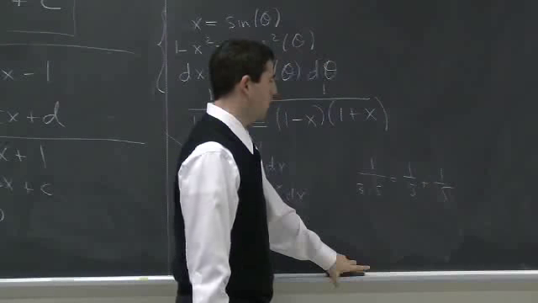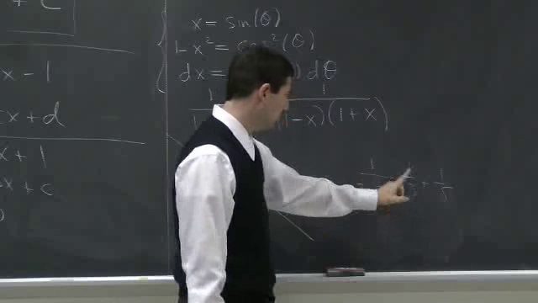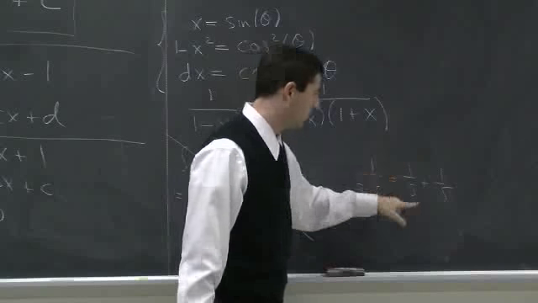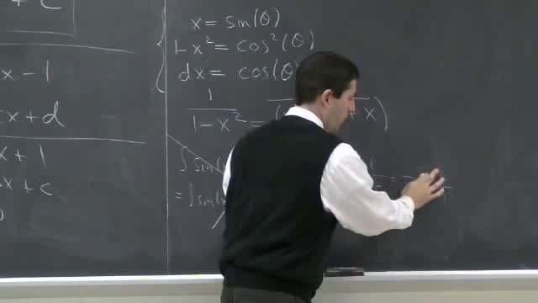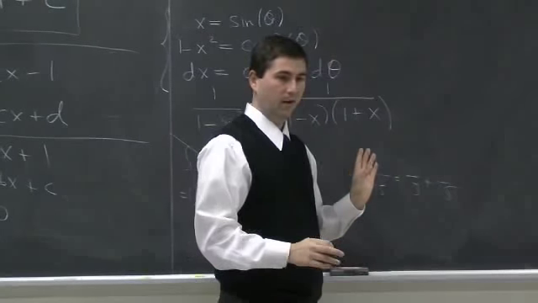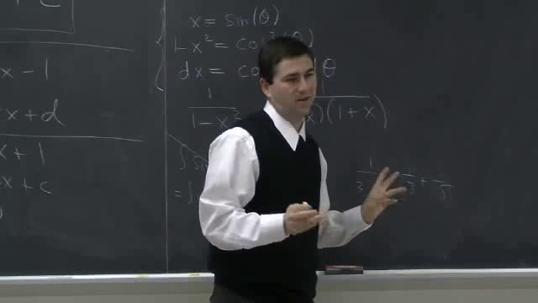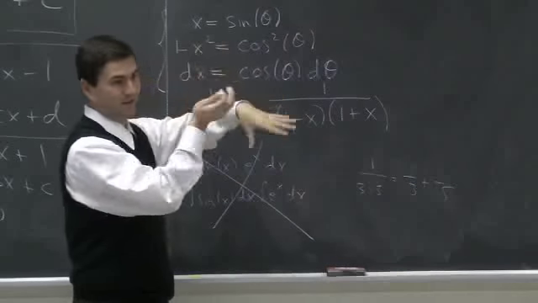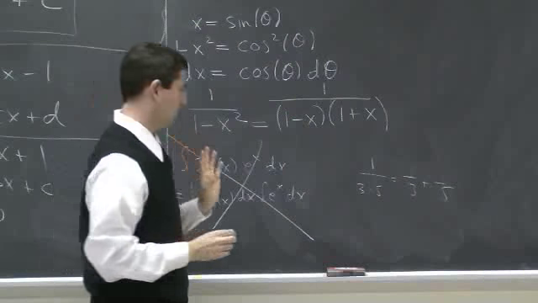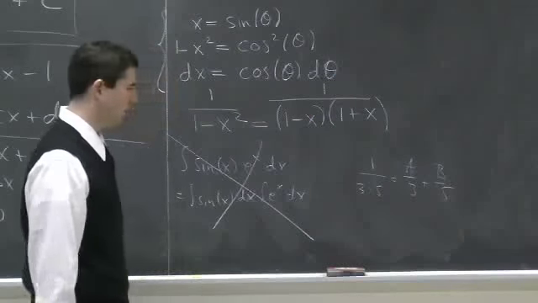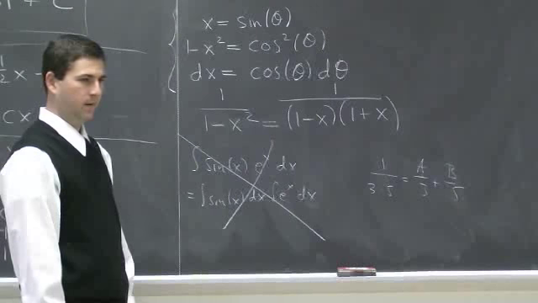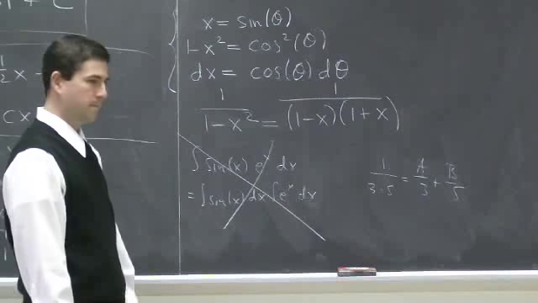But what if instead of 1 over 3 and 1 over 5, I allowed myself to change this numerator into a different constant? Now, if I change it into a different constant, I don't really care, because when I integrate, constants just come out. So if I put an a there and a b there, could I do it? What would be my a and b?